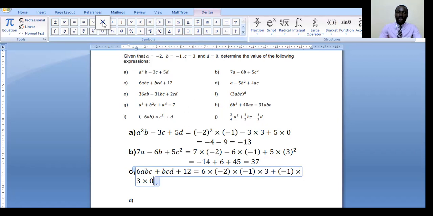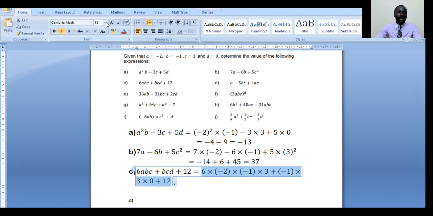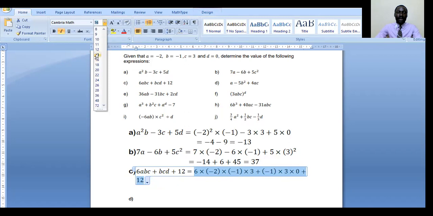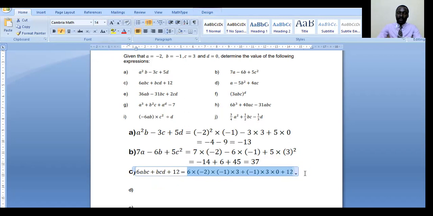Now, we again have to add 12 to this. So I've got to reduce the size now a little bit so that it will fall on one line, just to make things a little bit easier. Yes, this is what we have.